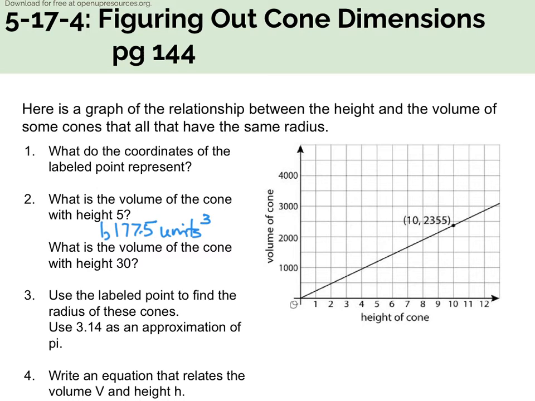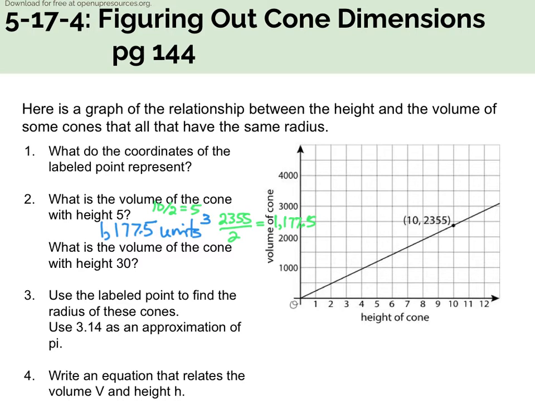So we took that 10 and divided it by 2, so 10 divided by 2, and we got our 5. That means we're going to take the 2,355 and divide it by 2 to get 1,177.5 units cubed.